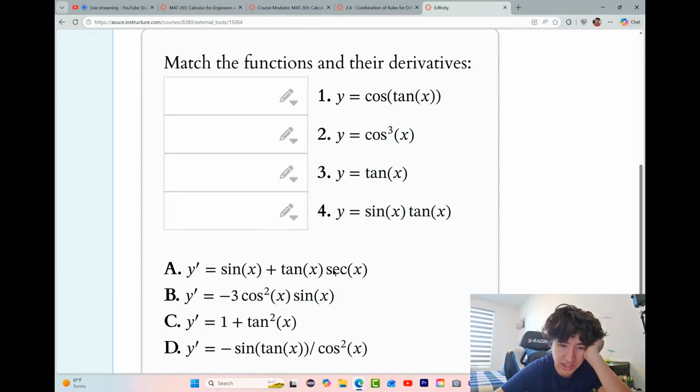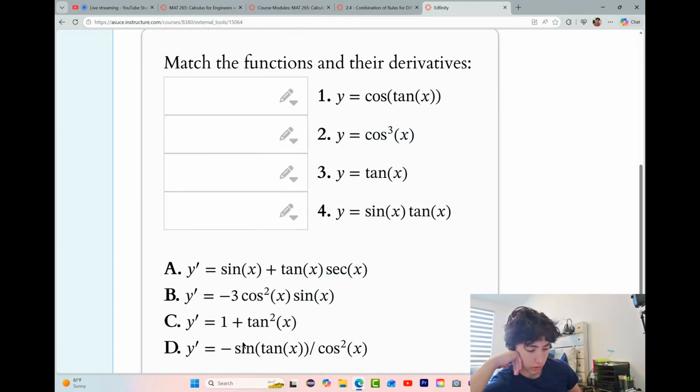We got a secant. Let's see. What I have is tangent of x prime times negative sine of tangent of x. Could this be it?